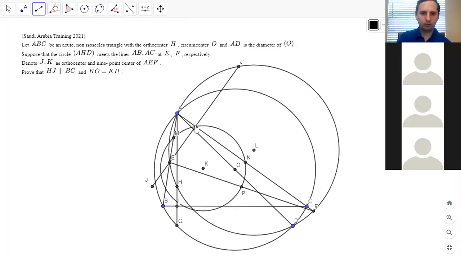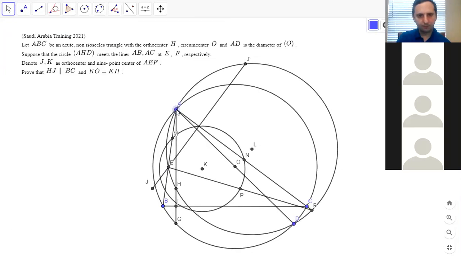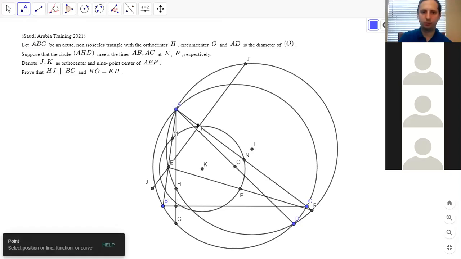And it looks like this concurs, actually. So EMN is the 9-point circle. Is it obvious that EN is a diameter? So the circle EMN, it's going to pass through the altitude. So yeah, these will concur.